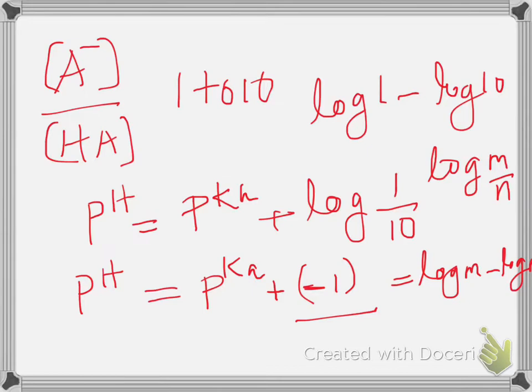By using the Henderson-Hasselbalch equation at several ratios of A minus to HA, between the limits 10 raised to 3 and 10 raised to minus 3, we can describe the titration curve for weak acids.